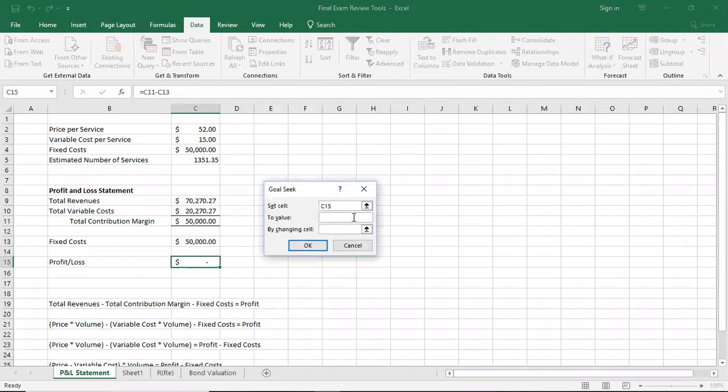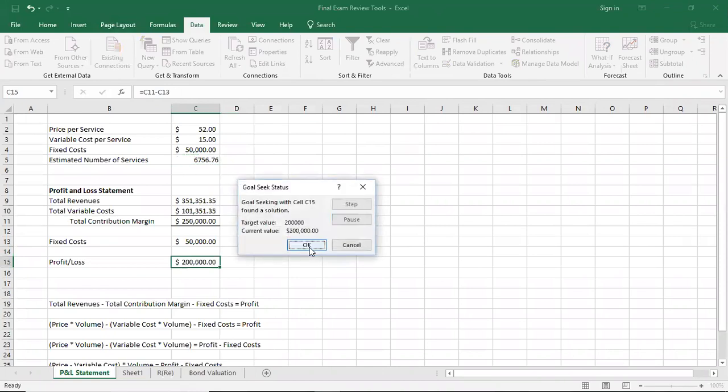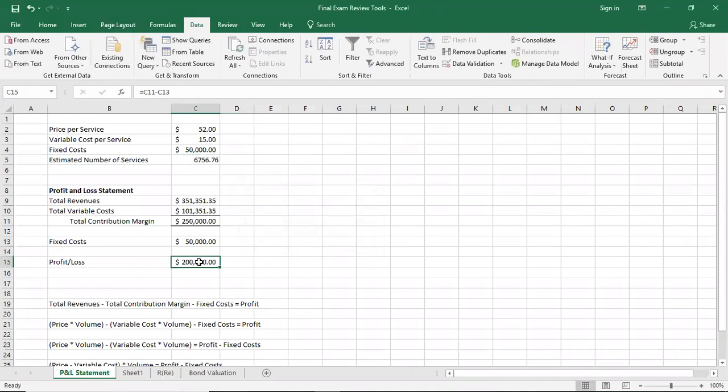So let's say I want to have a $200,000 profit. And then I'll change that same cell. Okay. And now I've got $200,000 profit here.